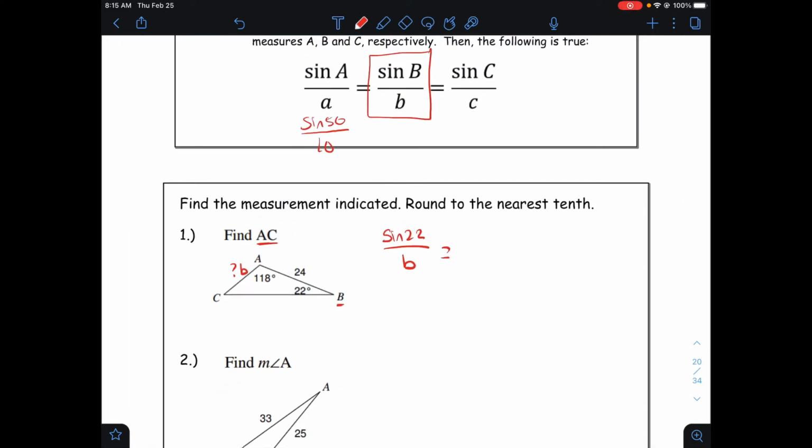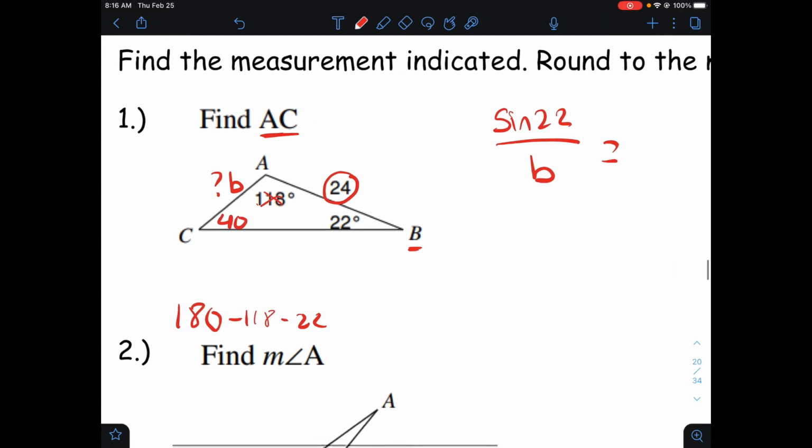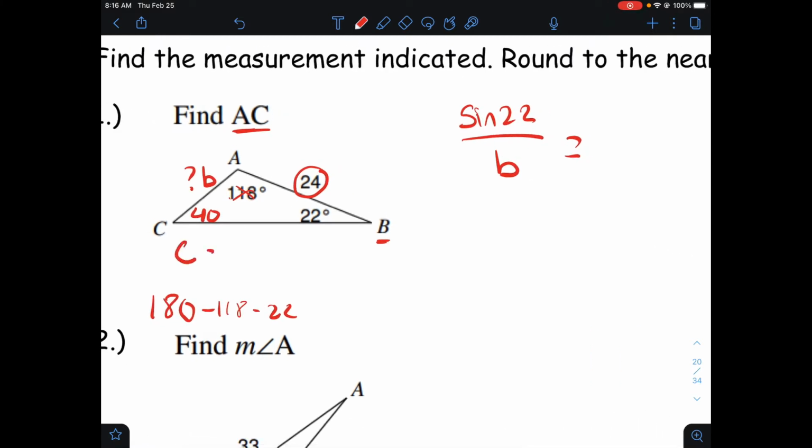In order to set up a proportion, you need either the angle and side for C, or the angle and side for A. I don't have the side for A, so that's kind of useless; I can't use sine of A. However, I do have my side for angle C, but I don't have angle C. What I can do is 180 minus 118 minus 22, and that gives me 40. So I now have angle C, which is 40 degrees, and side c, which is 24.